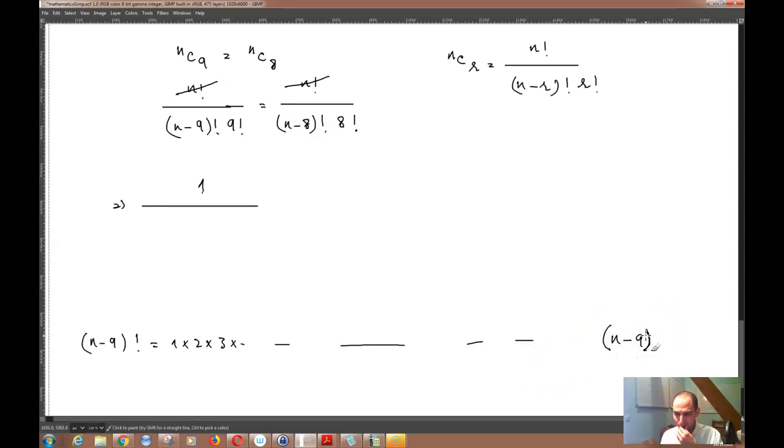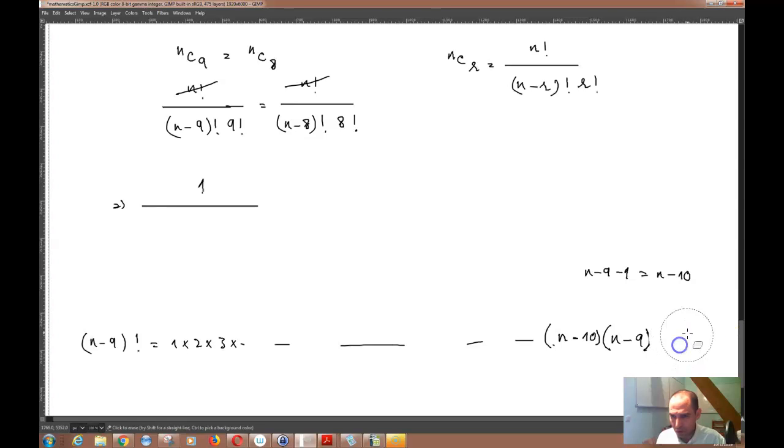Now, if I subtract a 1 from n minus 9, I will get n minus 10.